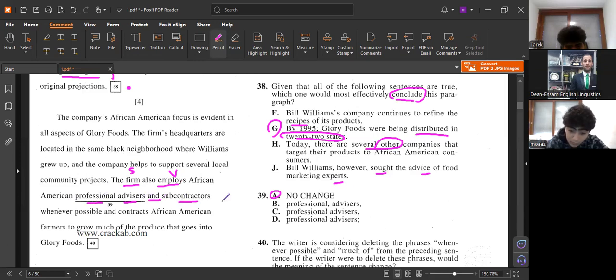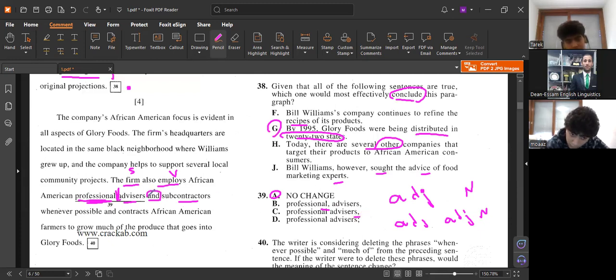Why should I use a comma? I told you before, adjective, noun, between them we don't use any punctuation, except if we have two adjectives and then a noun, between them. Okay, but here only one adjective. And here we don't use any punctuation. So this comma is wrong. Now again, why do we need a comma here? It's only two things for a compound, only this noun and this noun.